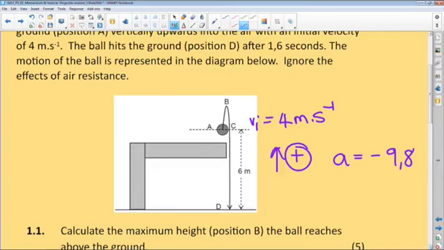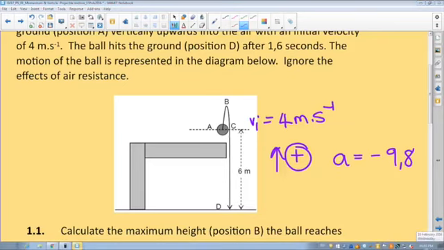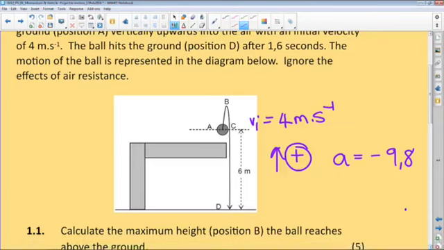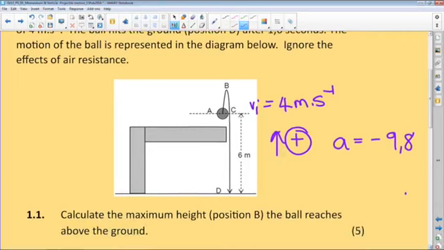Calculate the maximum height the ball reaches above the ground. When we look at this, maximum height, we're looking for position B. We know we've got the 6 meters, so what we need to calculate is that height. So what do we know? Initial velocity is 4.